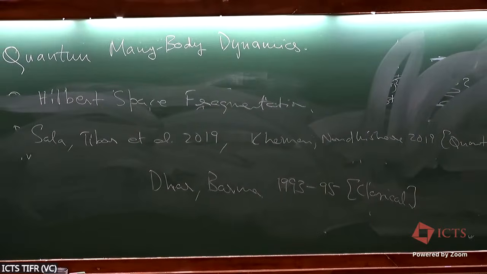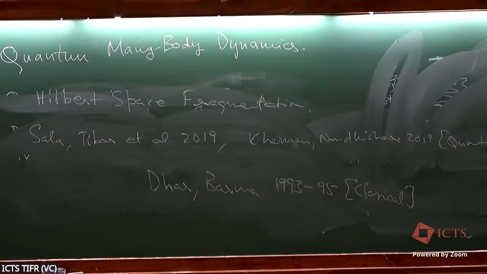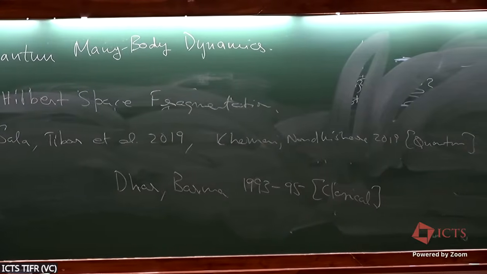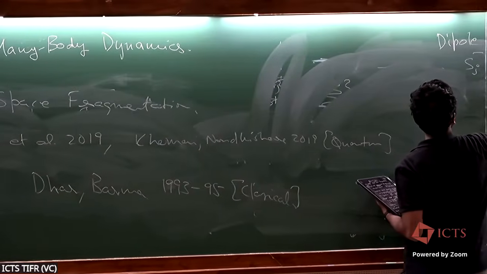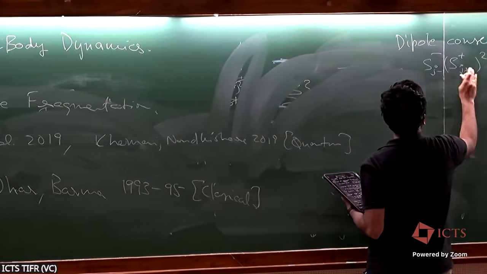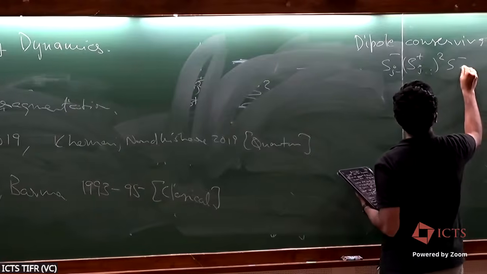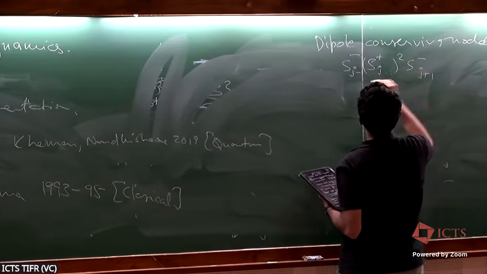So it turns out that this is essentially also a classical phenomenon. One of the simplest examples, or maybe not the simplest, but the first example that people studied, is known as a dipole conserving model, which has S_j^- (S_j^+)^2, something like this.